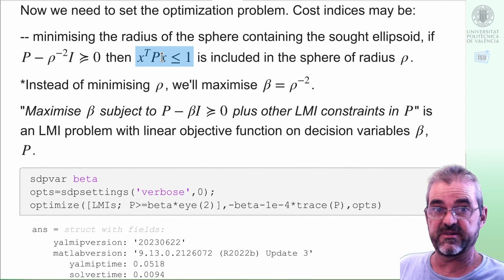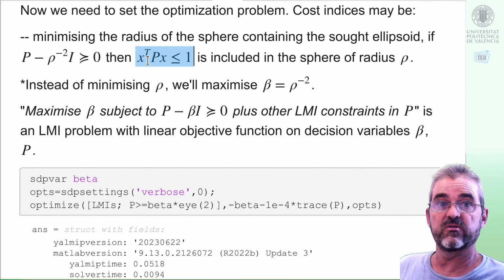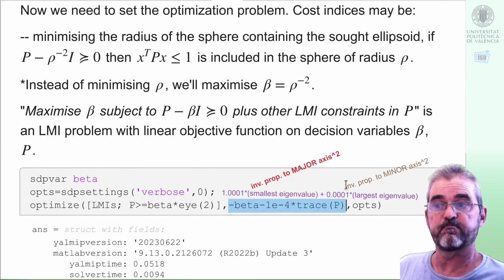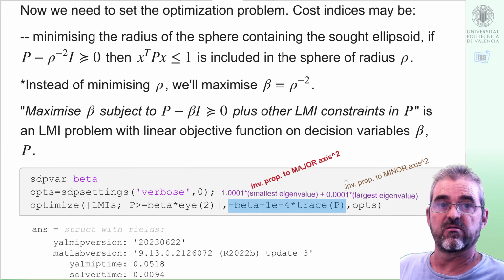I mean, the larger P is, the smaller the geometric body it represents. So we wish to make all eigenvalues of P larger, but with a weighting, let's say, in which we are weighting 1.0001, the smallest eigenvalue, plus 0.0001, the largest eigenvalue.